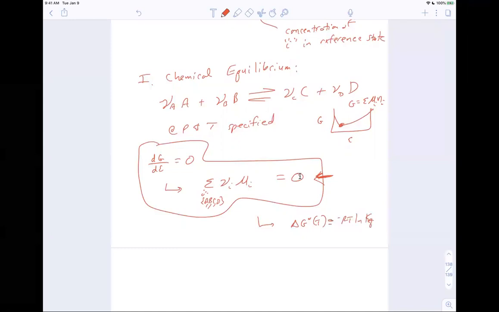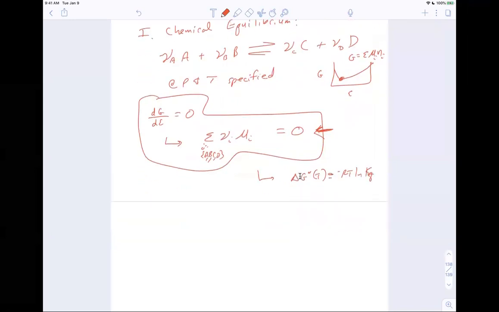When we were dealing with ideal gases, which is how we derived this, we found that K equilibrium was just a product of the partial pressures divided by the reference pressure for each of the gases.